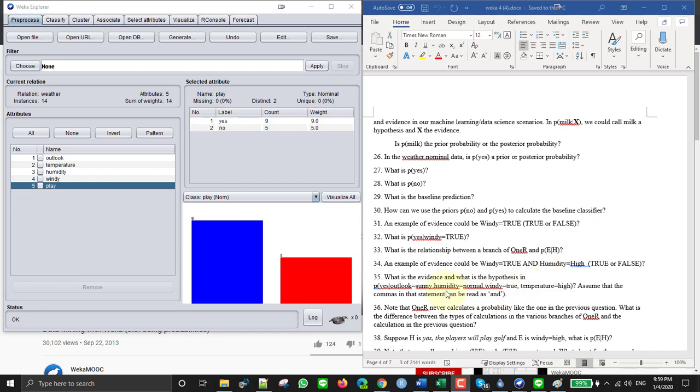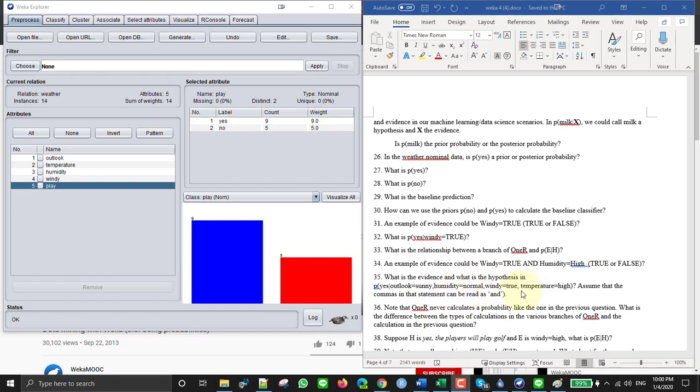Okay, what is the evidence and what is the hypothesis in this statement? So you look, everything to the right of the vertical bar is the evidence. So outlook equals sunny, and generally speaking, comma means and in probability. So here's a comma, here's a comma, here's a comma.